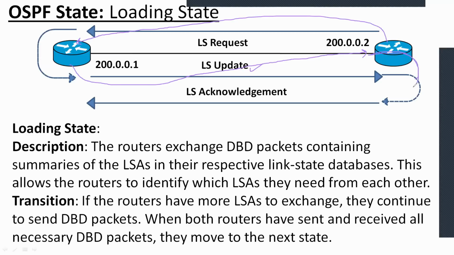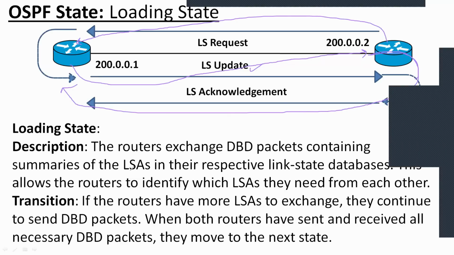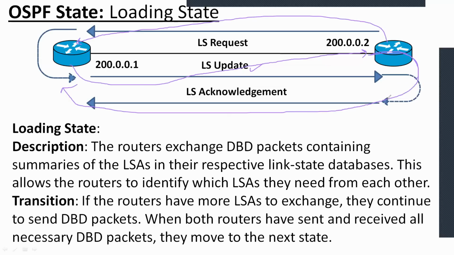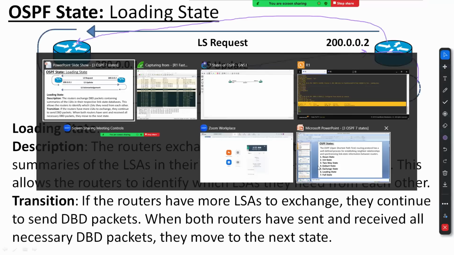When the entire database is received, it will forward an acknowledgement: yes, I have received the data. Then the database table will be created. We call that the LSDB table.